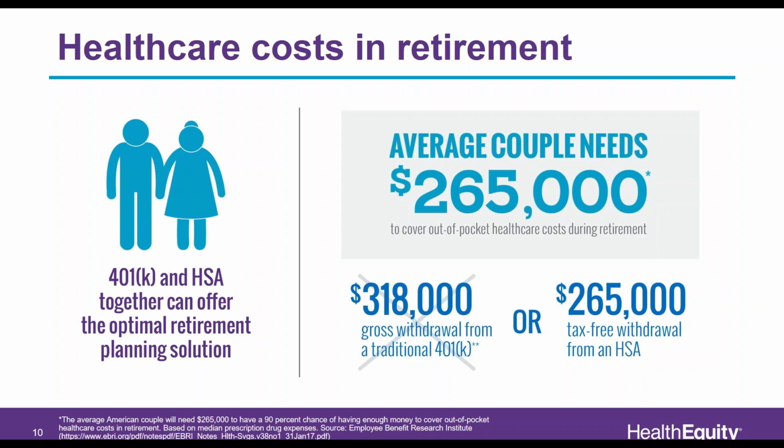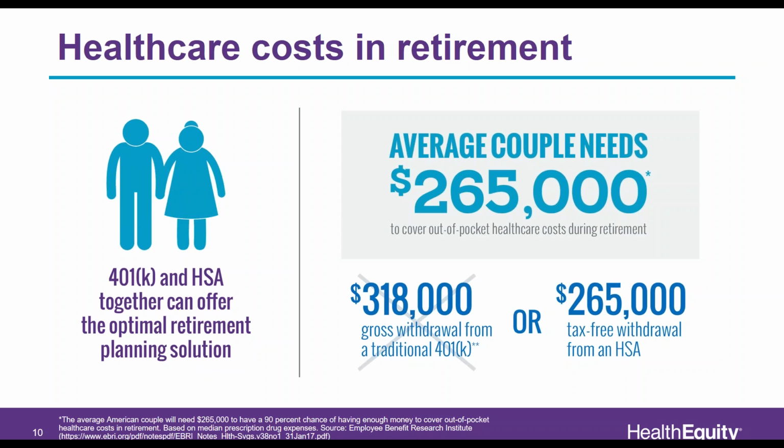Now, when I was addressed with this, that the average couple needs over $250,000 in their retirement years to cover their out-of-pocket healthcare costs just during their retirement, it kind of woke me up. I was a little more aware of what I was putting in my retirement accounts.